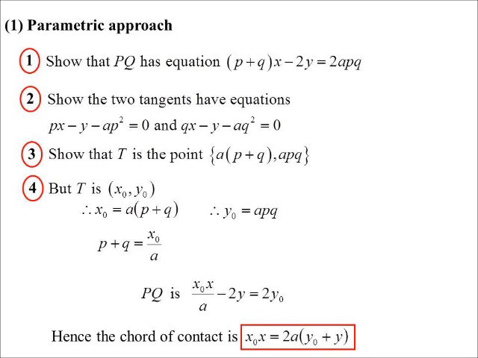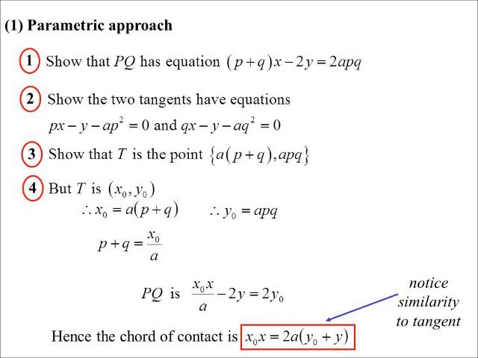Again, look at the structure of the actual equation. x0 x = 2a(y0 + y). Exactly the same as the equation of a tangent. Difference being, with the equation of the tangent, I think we called it x1, y1, that's a point that was on the parabola, and that allowed us to find the equation of the tangent.